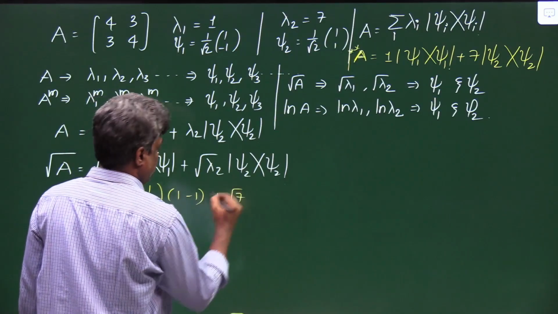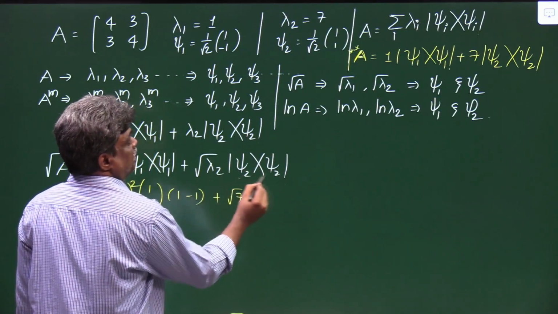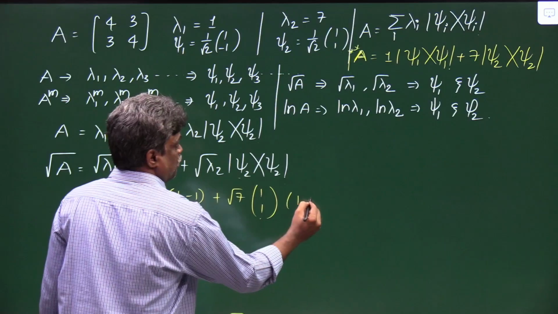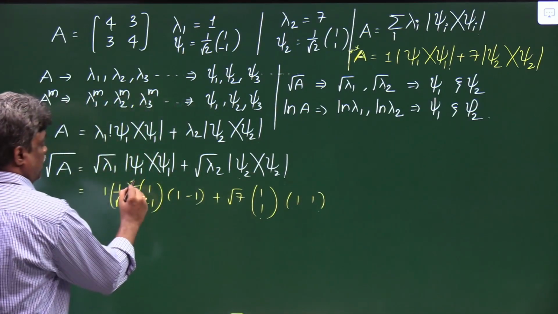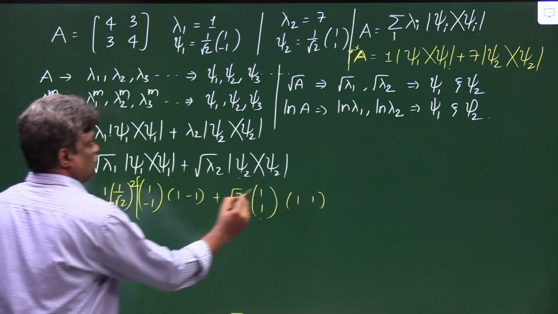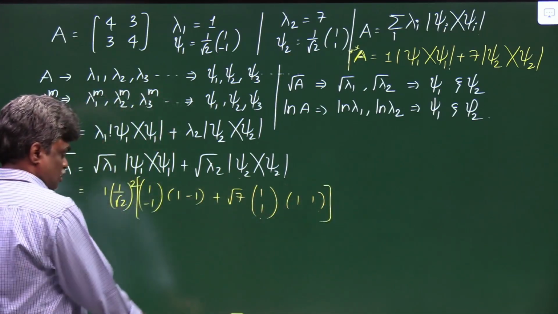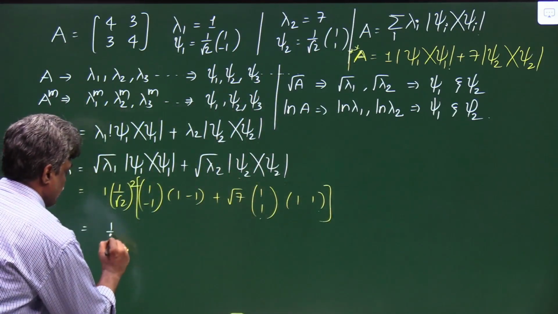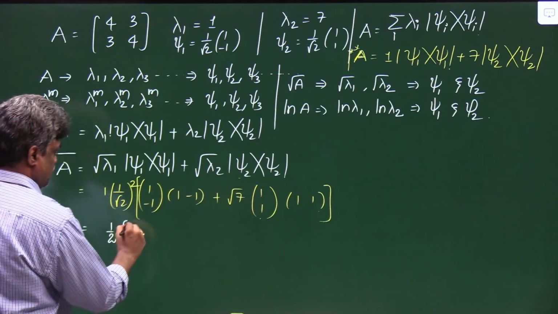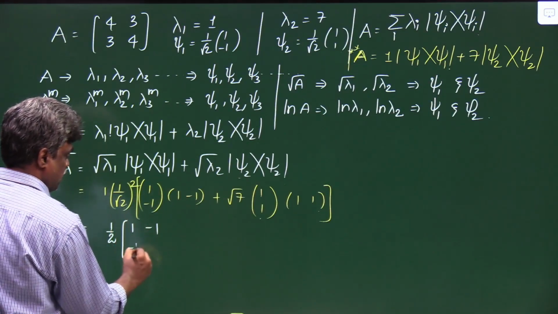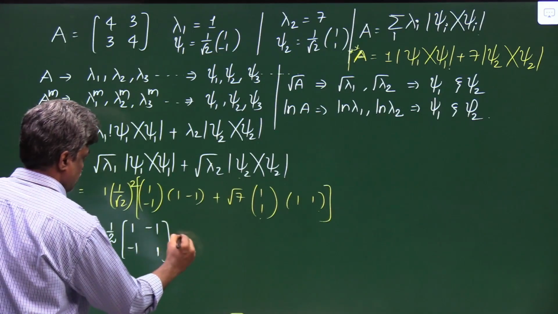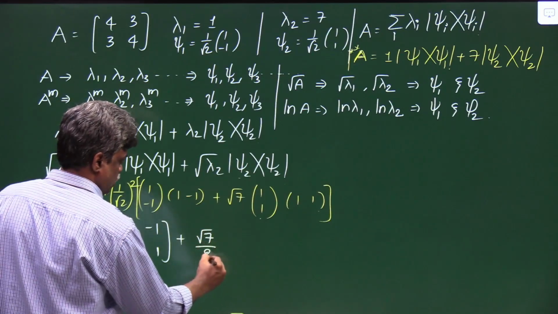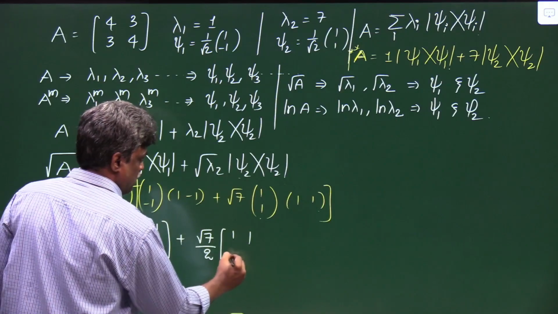This is root 7, and again here the outer product, which is 1 1 and 1 1, and here I can take this 1 by root 2 whole square common. So finally if you simplify this matrix, you will get 1 by 2 times the matrix 1 minus 1, minus 1 1, plus root 7 by 2 times 1 1, 1 1.